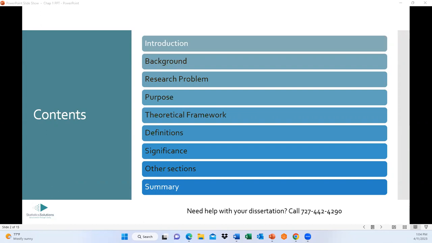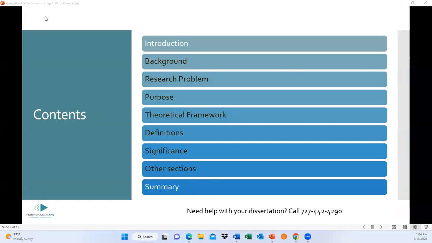So that's the how. So the what, why, and how. And again, like a blueprint for what you're going to be doing, how you're going to be doing it, and the reason for doing it. Okay, that typically contains these areas here.